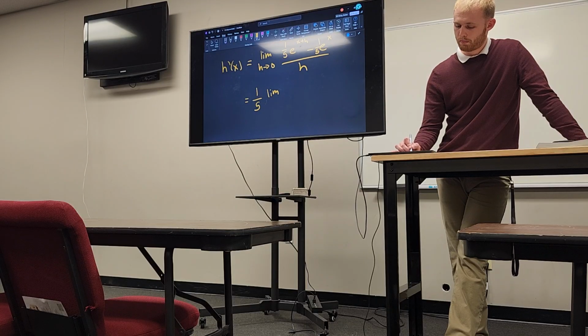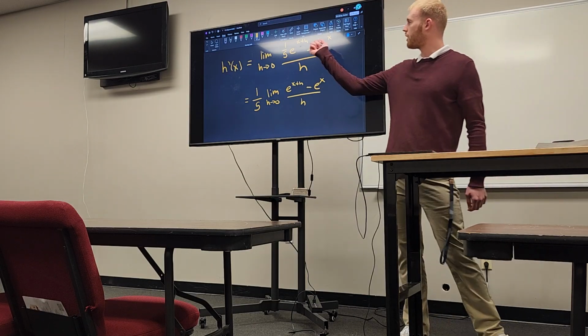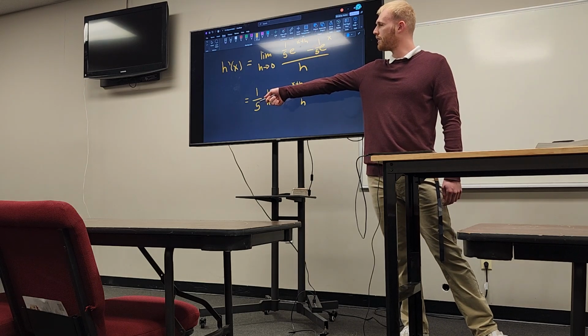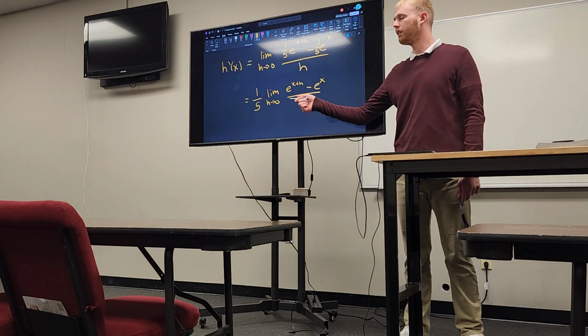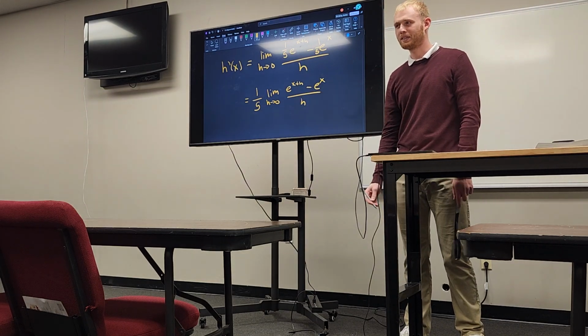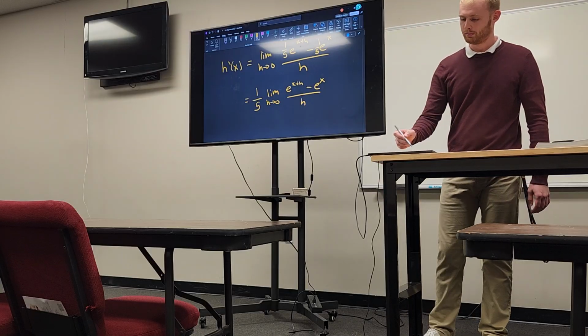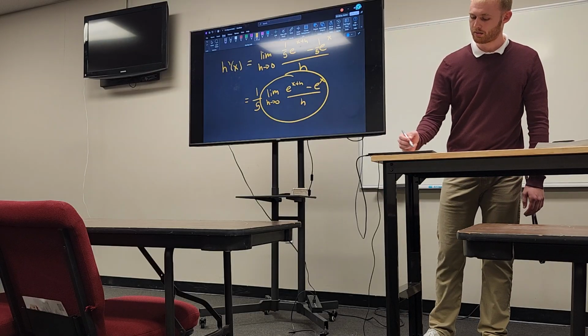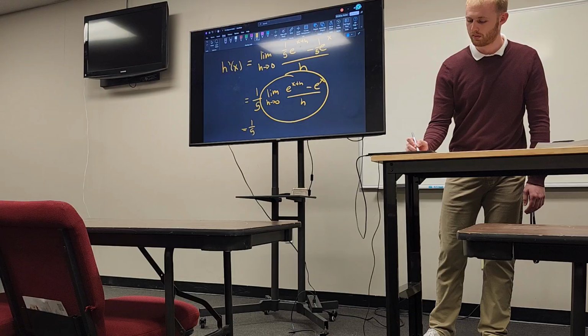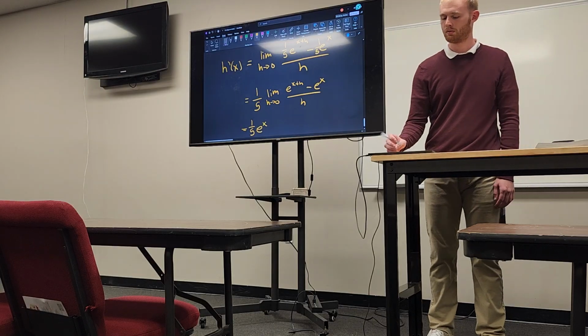Because it's a constant term, that's why we can take it out of the limit. And so then we always end up with whatever the constant was. I don't care about this, get it out of this mess. And then I'm always left with just e to the x. So now I just have 1/5 e to the x.